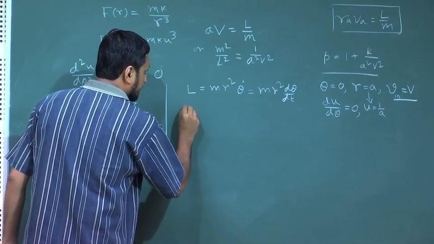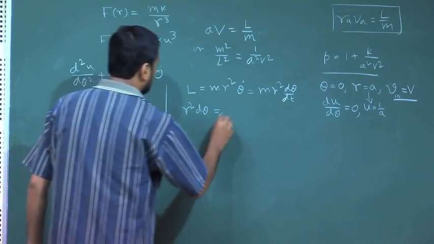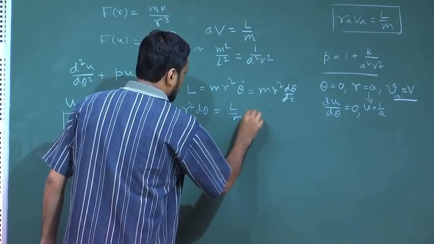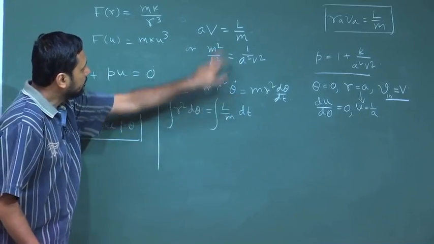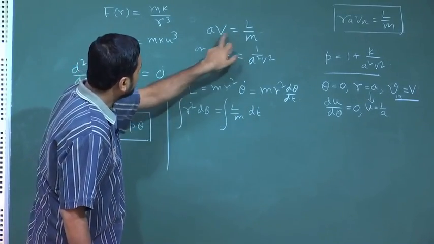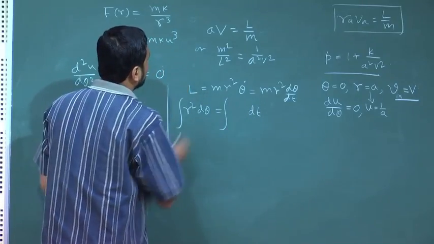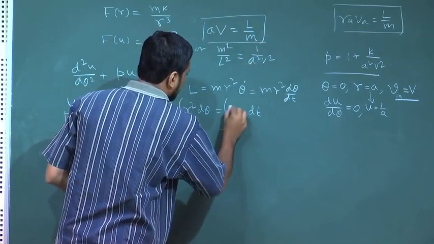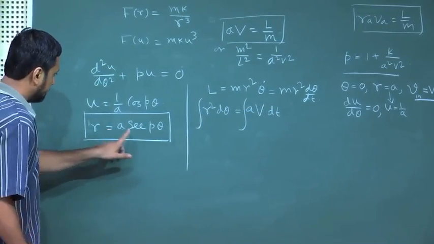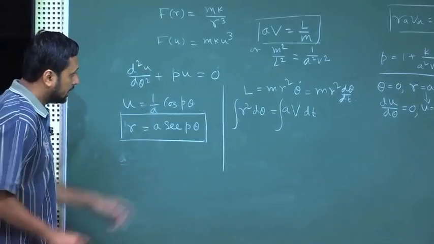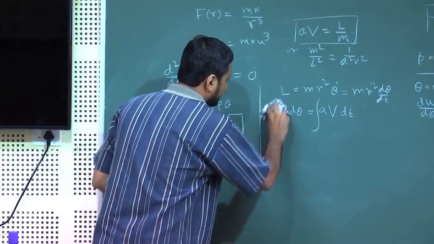Rearranging we get r square d theta is equal to L by m dt integral. L by m has to be replaced by a times v. So, do the substitution by this relation, and r has to be replaced by this equation. So, r square will be a square sec square p theta d theta.